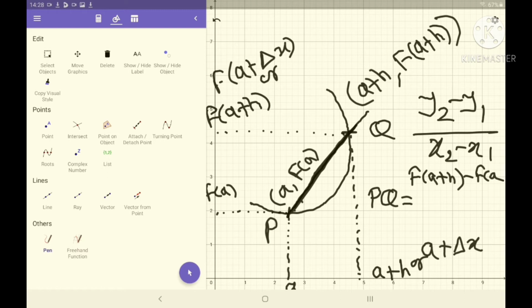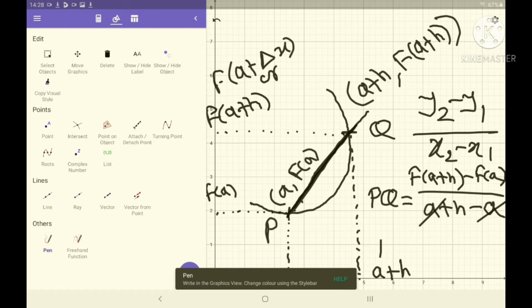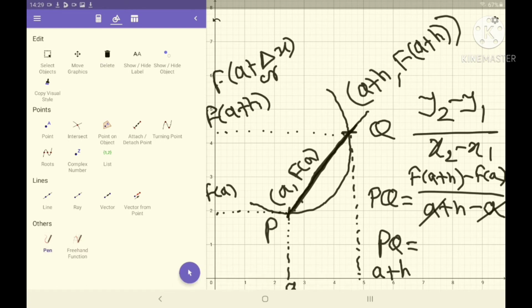So I can write this over a plus h minus a. PQ equal to f of a plus h minus f of a over h. I got the value of PQ.